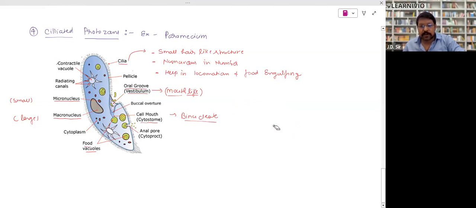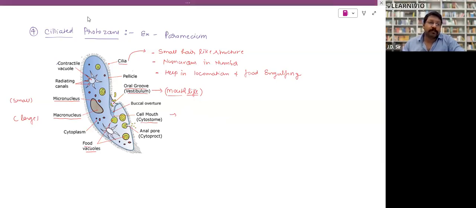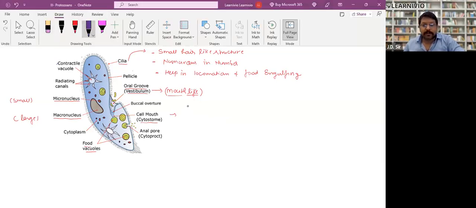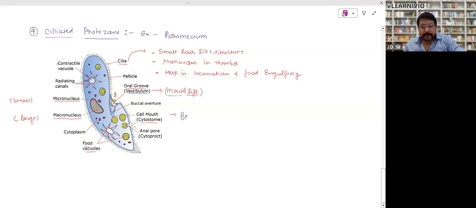So it is binucleate, means it has two nuclei. What kind of nuclei? Macronucleus and micronucleus.